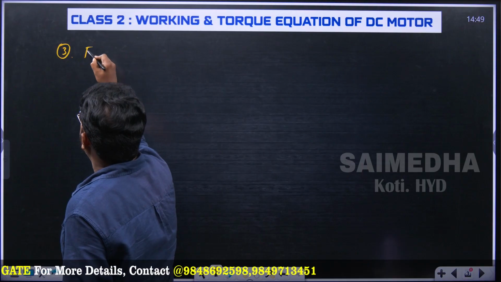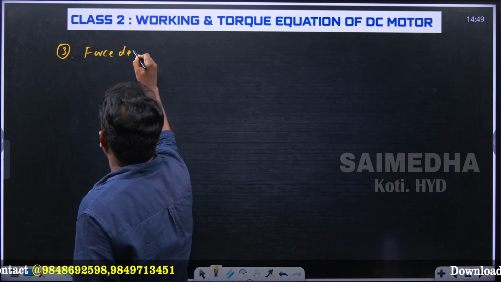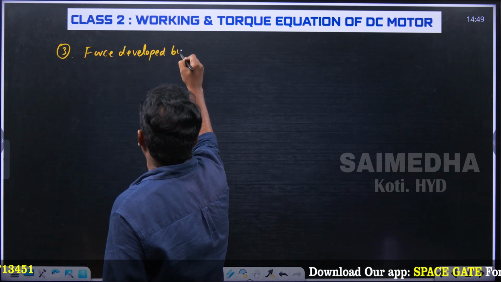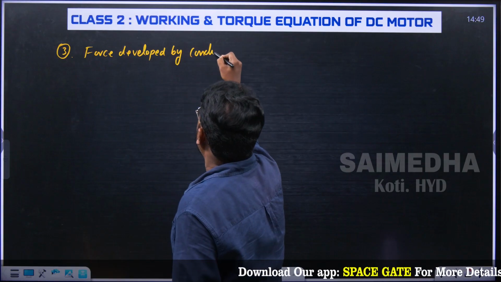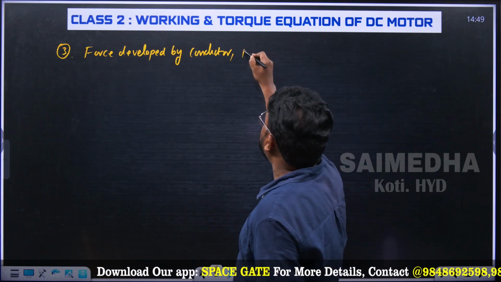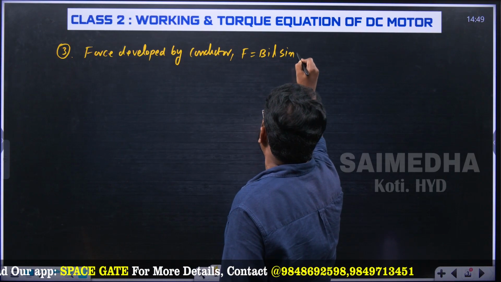So the force developed by the conductors. How to find out the force developed by the conductors? F is equal to B I L sin theta.